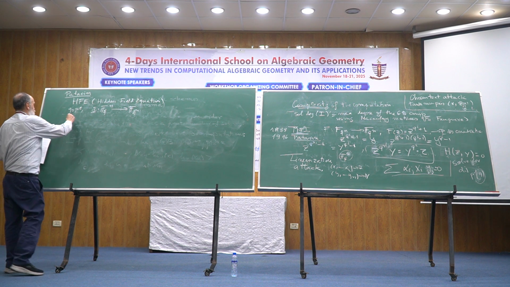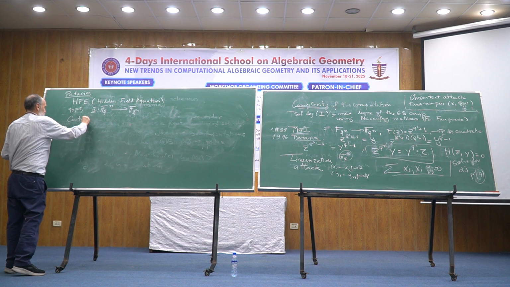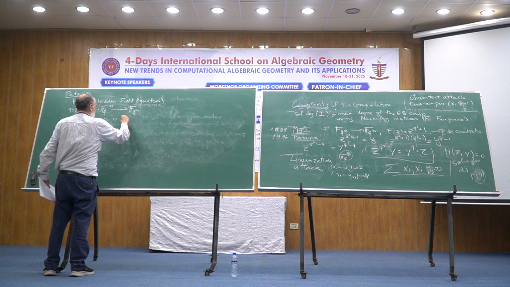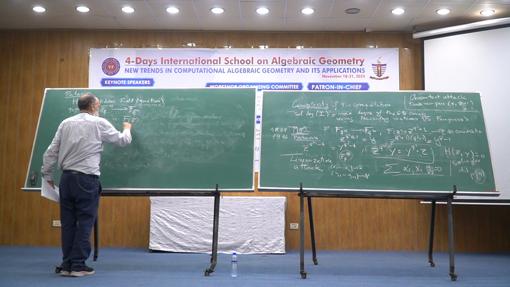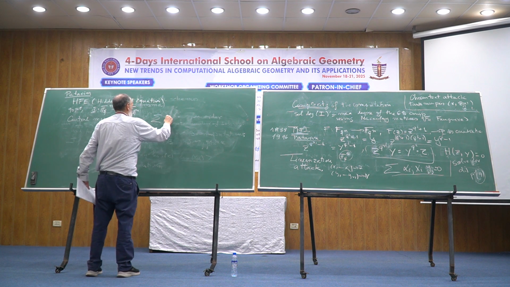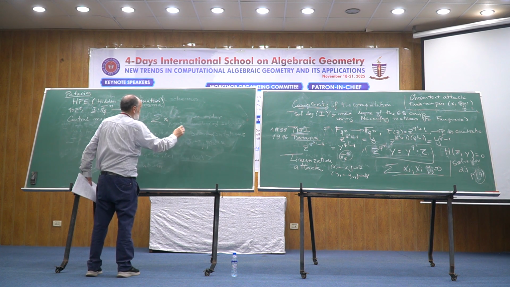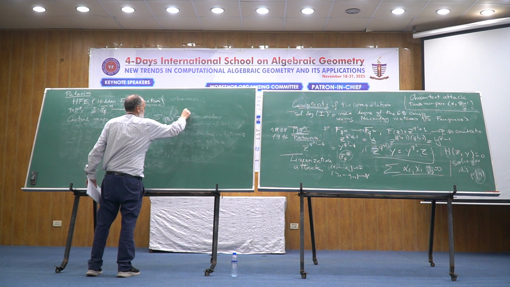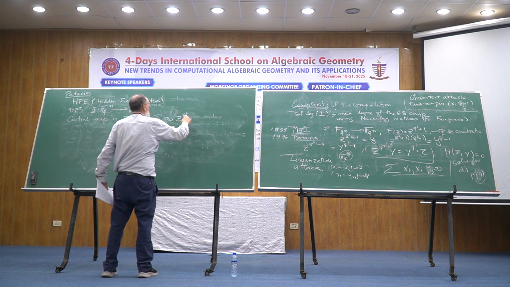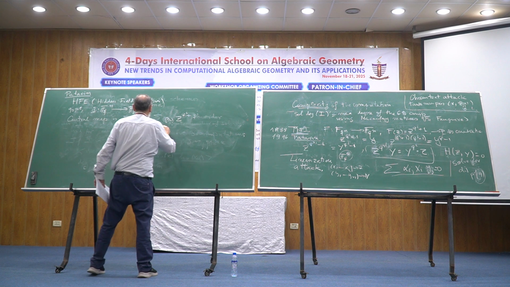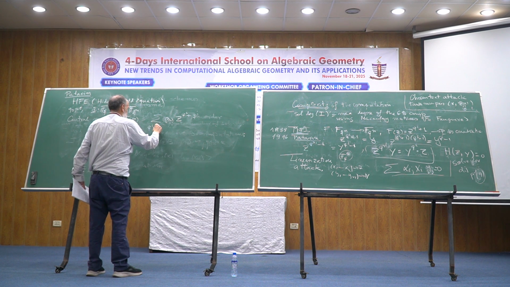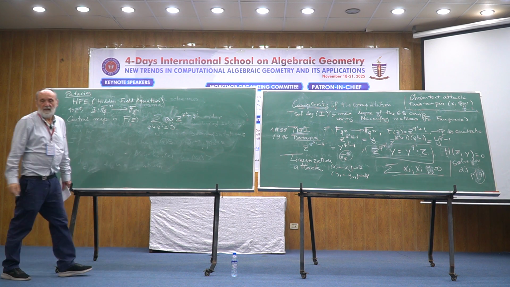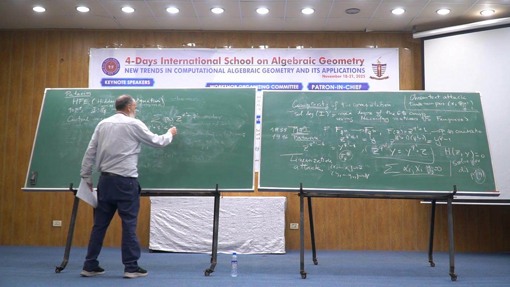The central map in this case is F of Z equal to the sum of beta_ij Z^(q^i + q^j), and here we need q^i + q^j less than or equal to d. This usually should be small.